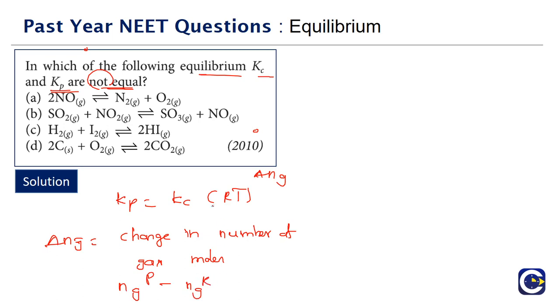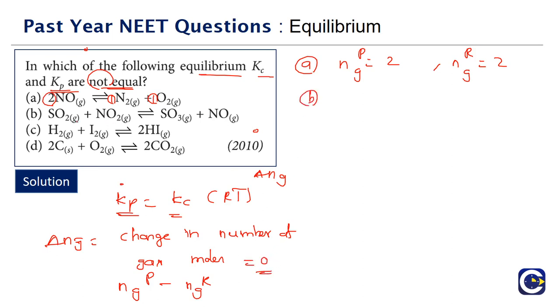We'll just go one by one. If you check option A, the product side number of gas moles is equal to 2, because 1 and 1, and the reactant side number of gas moles is also equal to 2. So for this, delta Ng will be 0. Hence Kp will be equal to Kc when the delta Ng value is equal to 0.